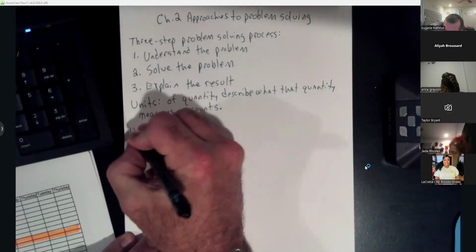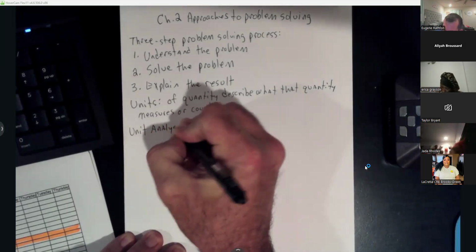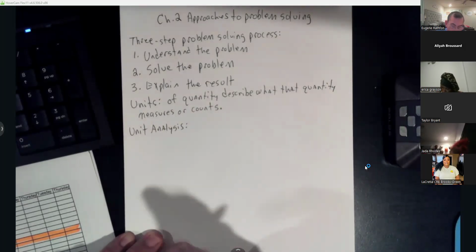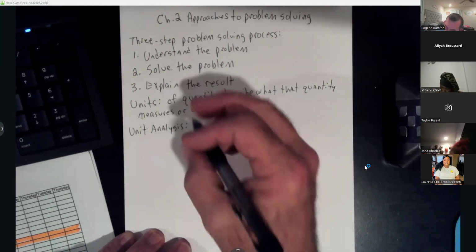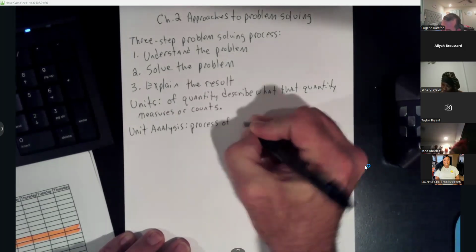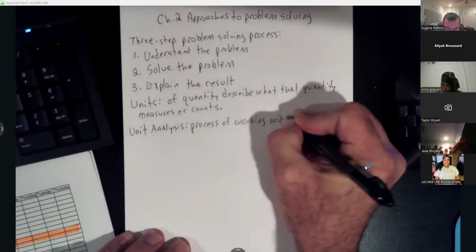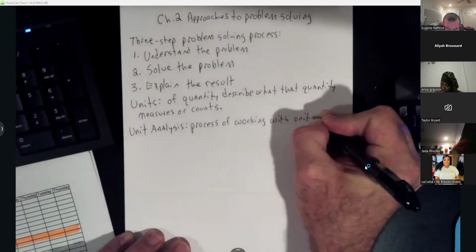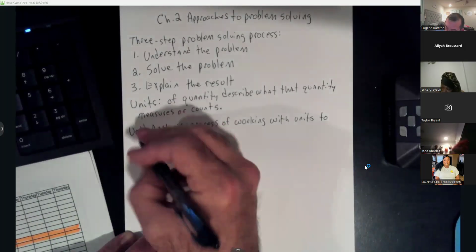All right, unit analysis. So, unit analysis is what I'll show y'all tonight. It's the process of working with units to help solve problems.